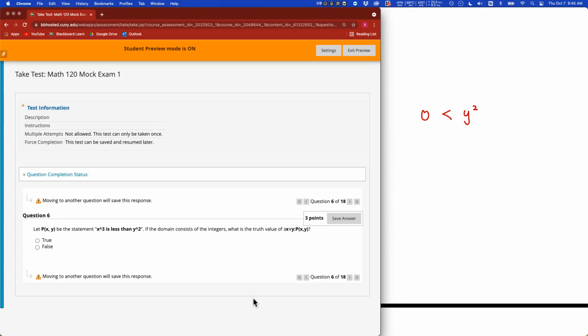Can y also be 0? Zero is an integer, right? So what if y equals 0? Then this is not true. Is there any other value that works for x?